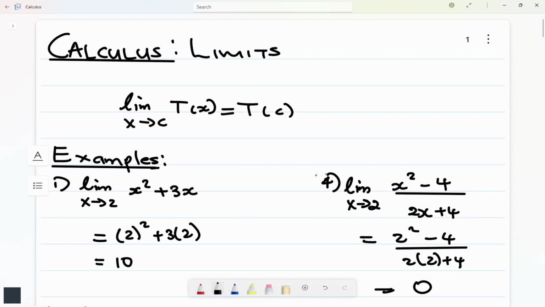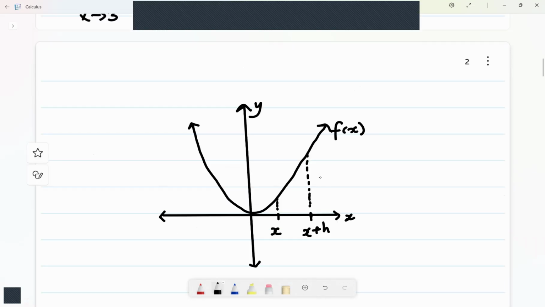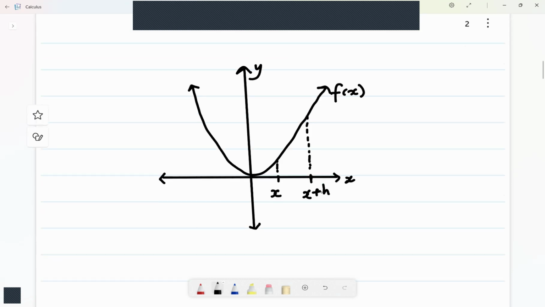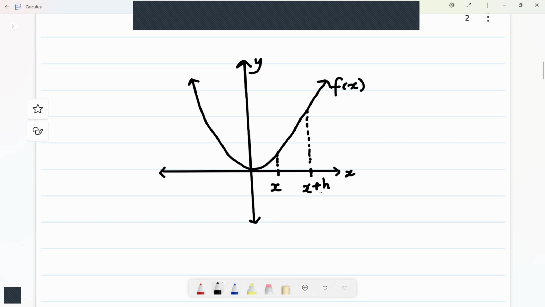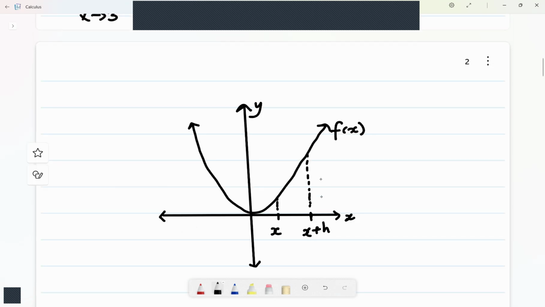Okay, yes. So now I want us to move into something interesting, that we call a gradient of a function. Now suppose you have a function given by the name of f of x, right? Let's now be in a position of finding the gradient of a function.